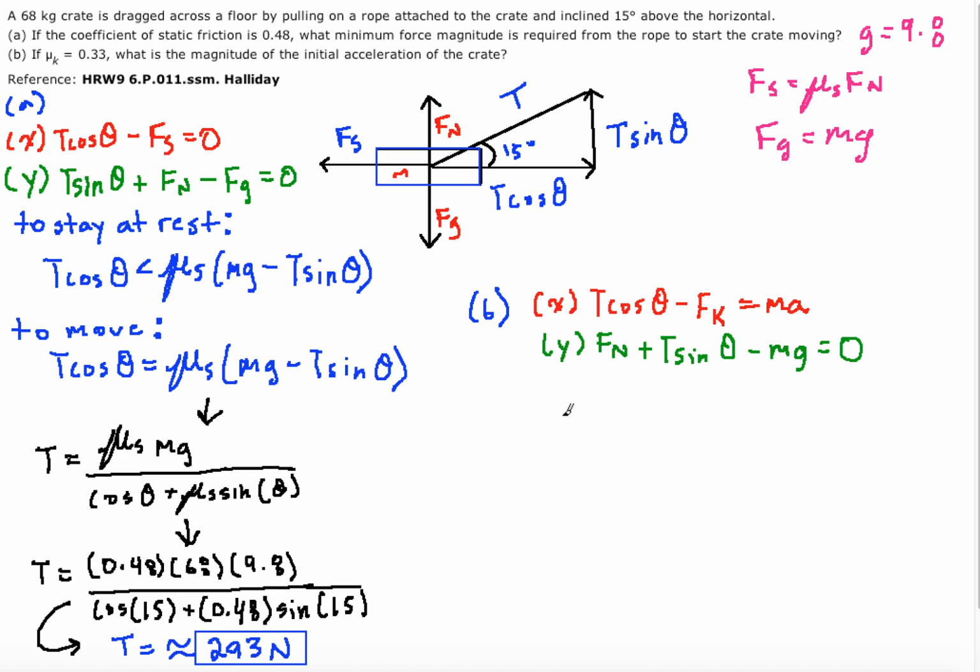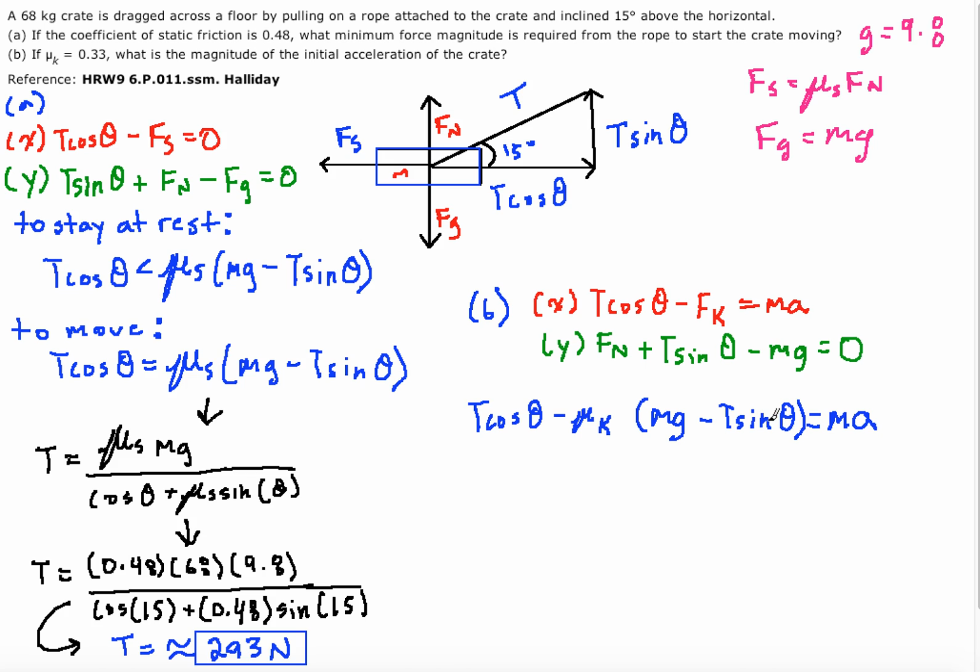And so what we can do is continue to derive this once again, and what we yield is T cosine of theta minus mu k, with substitution, times mg minus T sine theta, just like over here in this component, is equal to mass times acceleration.